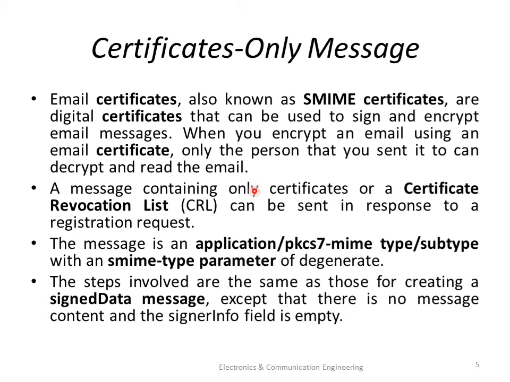Email certificates are also known as S/MIME certificates, and these are digital certificates that can be used to sign and encrypt email messages. So when you encrypt an email using an email certificate, only the person that you sent it to can decrypt and read the email.